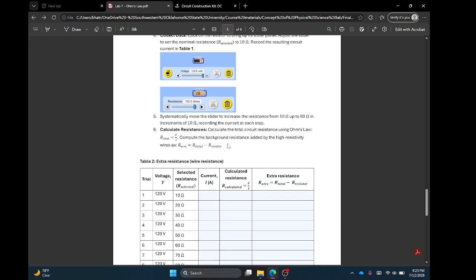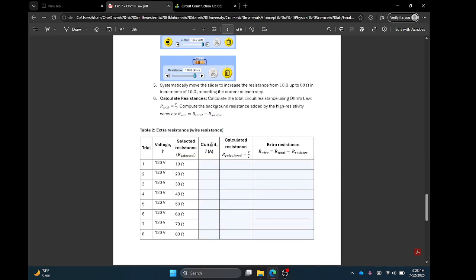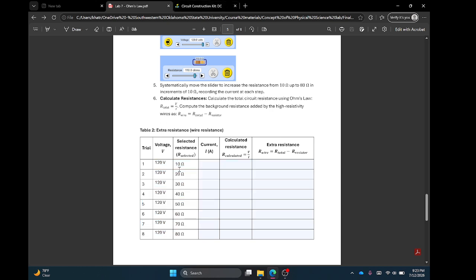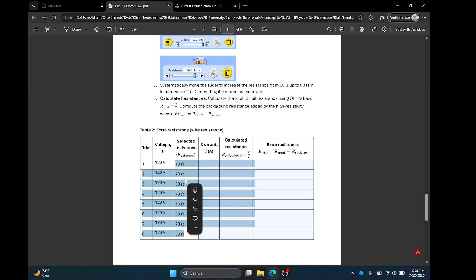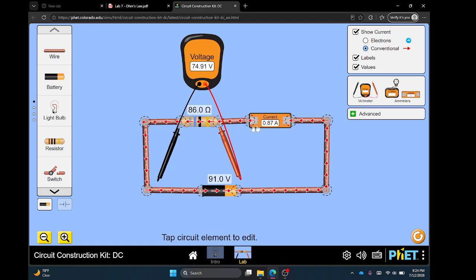So we will use a similar process. In this case we will keep the voltage constant and change the resistance from 10, 20, 30, 40 and so on, and we will also record the current in the circuit similar to this.